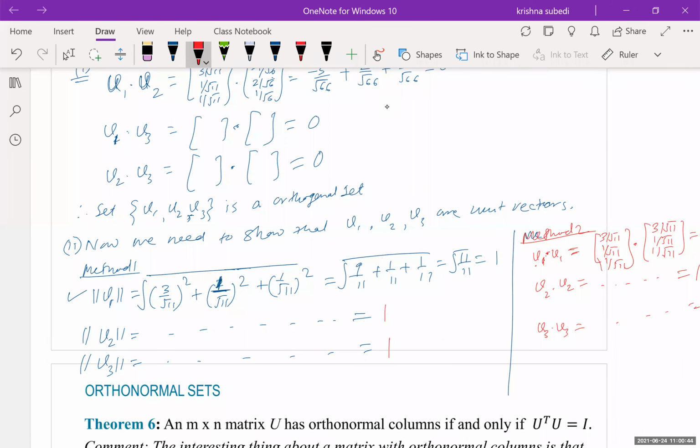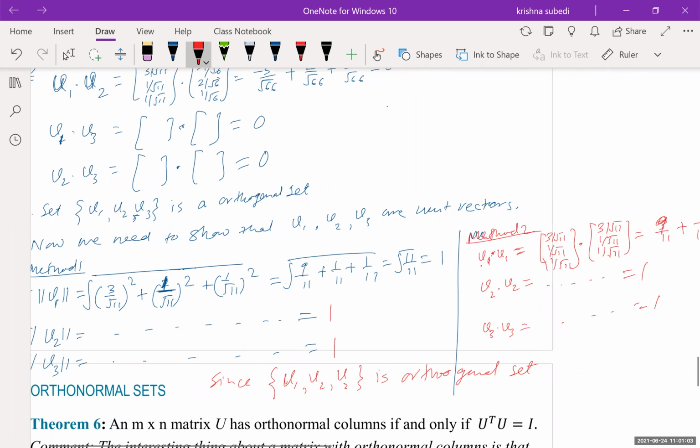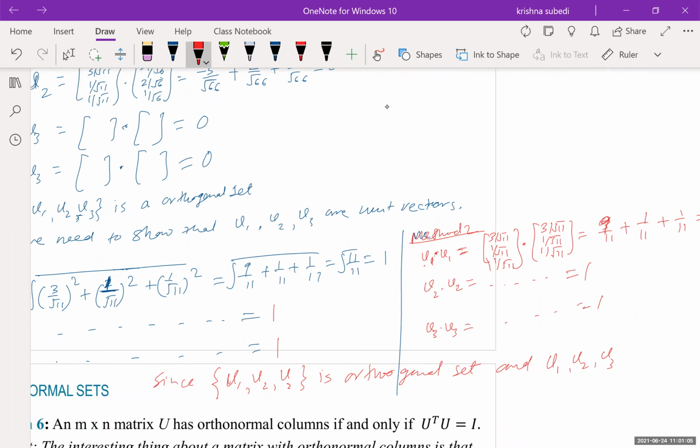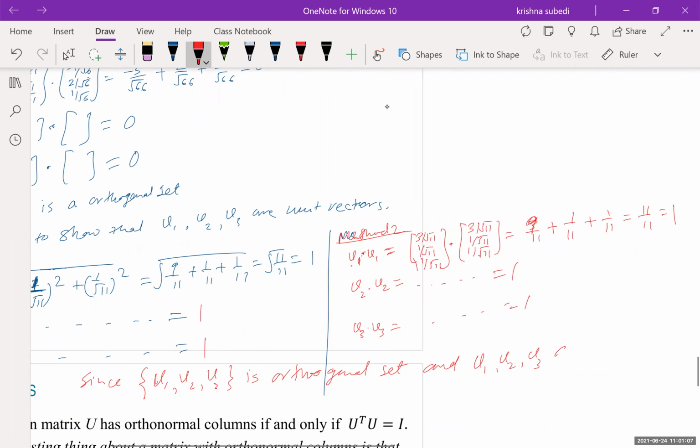Therefore, since v1, v2, v3 is an orthogonal set and v1, v2, v3 are unit vectors, it is an orthonormal set.